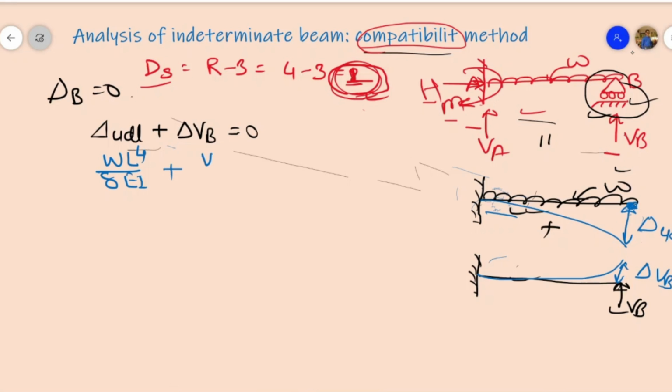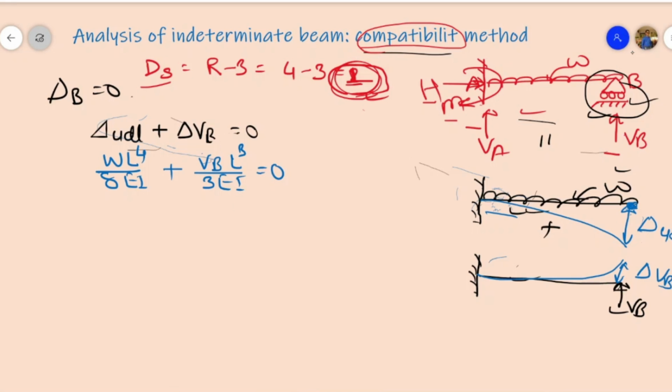I am writing here VB into L cube by 3EI. Sorry, I first wrote 8, but it should be 3EI. So it should be VB into L cube upon 3 EI.